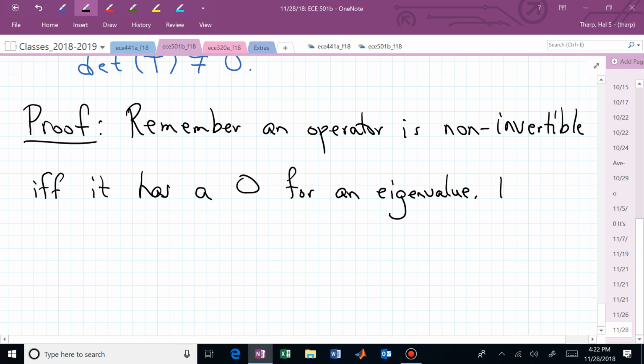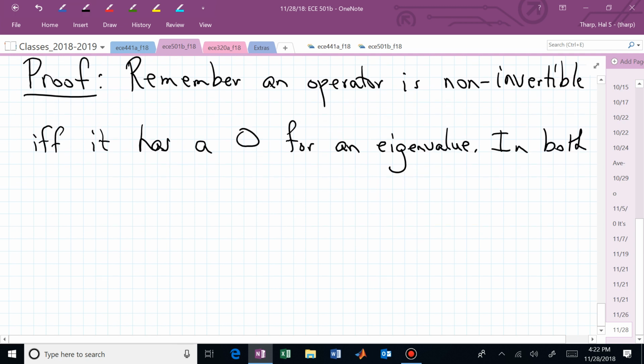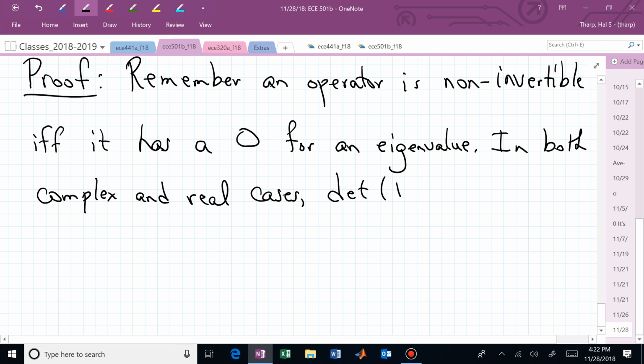And now, in both cases, either complex or real, we know that the determinant of this operator T in fact involves a product of eigenvalues.